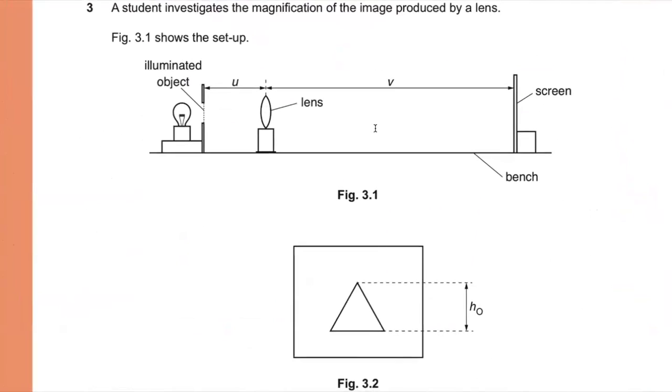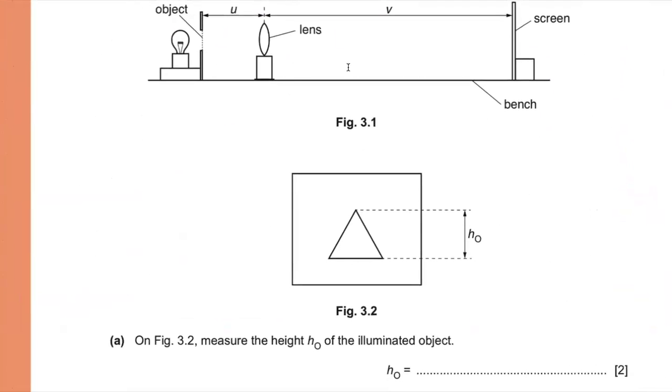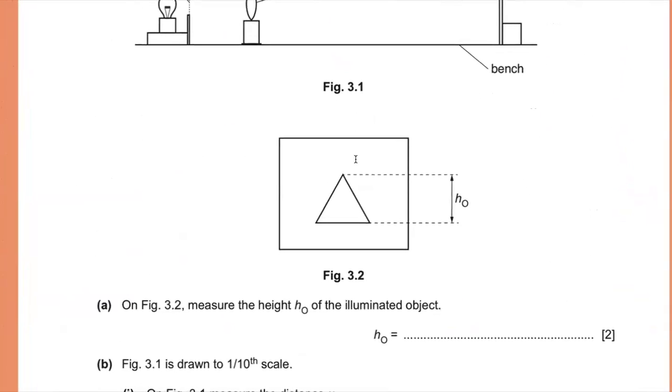A student investigates the magnification of the image produced by a lens. 3.1 shows the setup. Again, this is also the same question as was there. Measure the height h naught of the illuminated object. Last time I did do the experiment, this time I couldn't. So h naught turns out to be 1.5 centimeters.